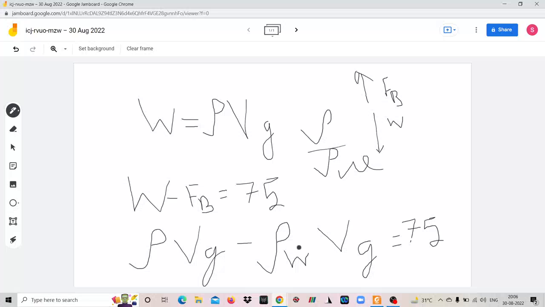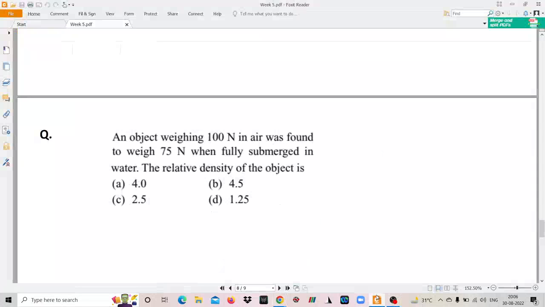So if you divide all this by rho w, then rho by rho w, only the Vg term will be there. Is the idea clear? Yes, sir. So what is the answer?